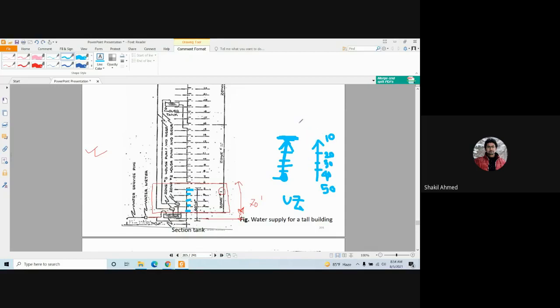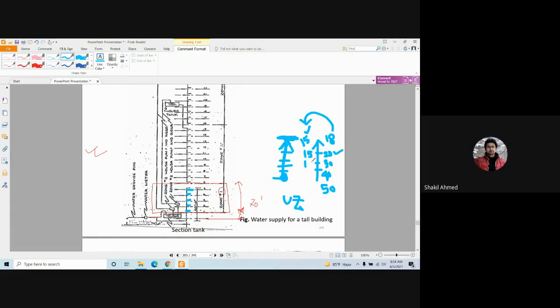Or let's say this is 15. If your required fixture pressure here is 15, then of course you have met the requirement. Similarly here your requirement is 15, so this is met.